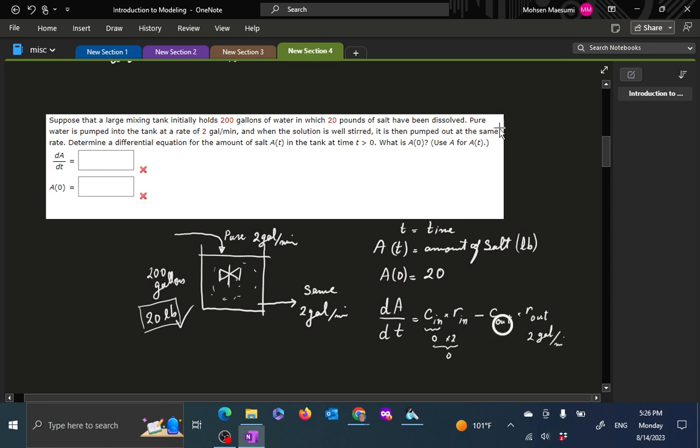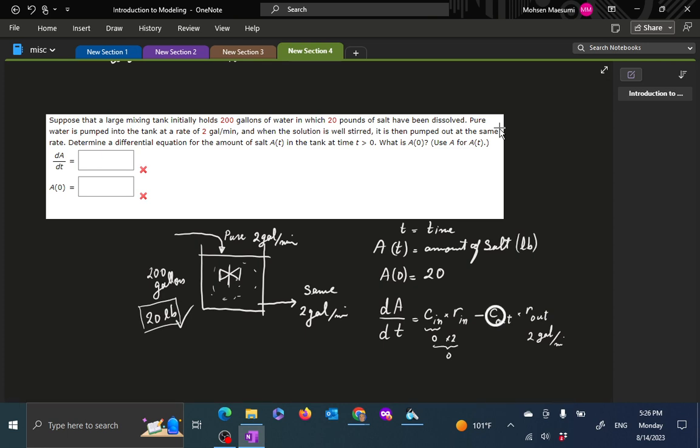The crucial issue is what is the concentration of the salt that is leaving. That's the most crucial issue. Again, I invite you to pause and think about this and try your hand at figuring out the concentration. So how do you define concentration?